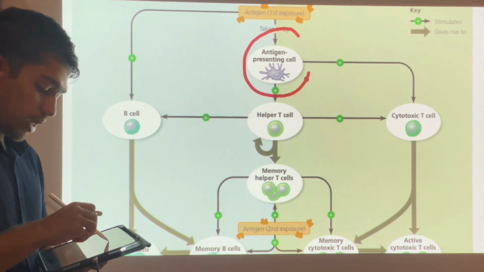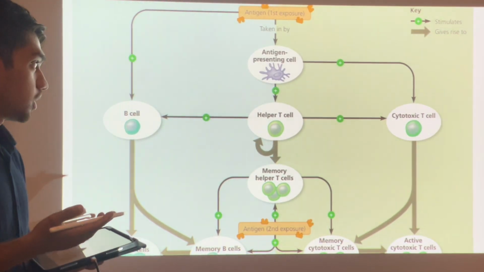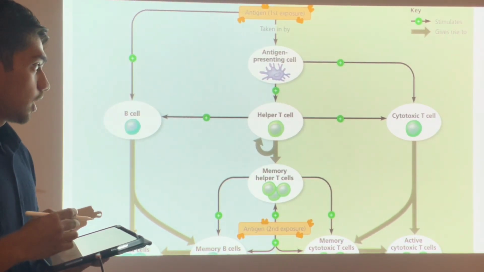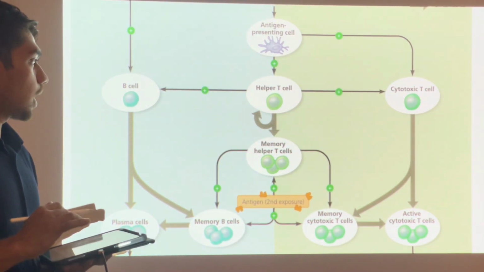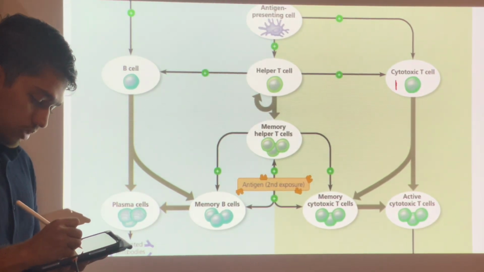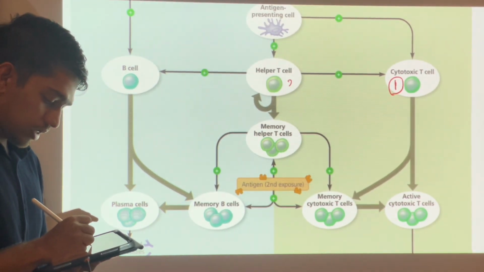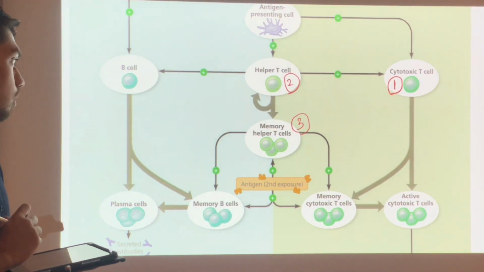There has to be an antigen presenting cell, as we learned, such as macrophages and dendritic cells, which can be antigen presenting cells. And there are T cells and B cells, and there are 3 T cell types that we have to know. That is the cytotoxic T cell, the helper T cell, and the memory T cells. Okay.